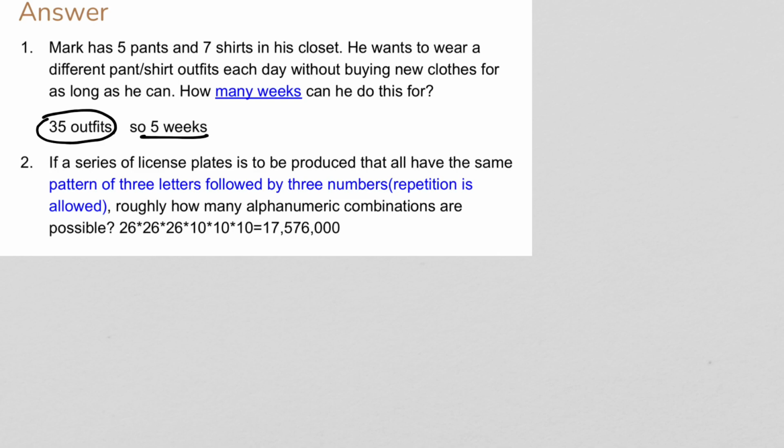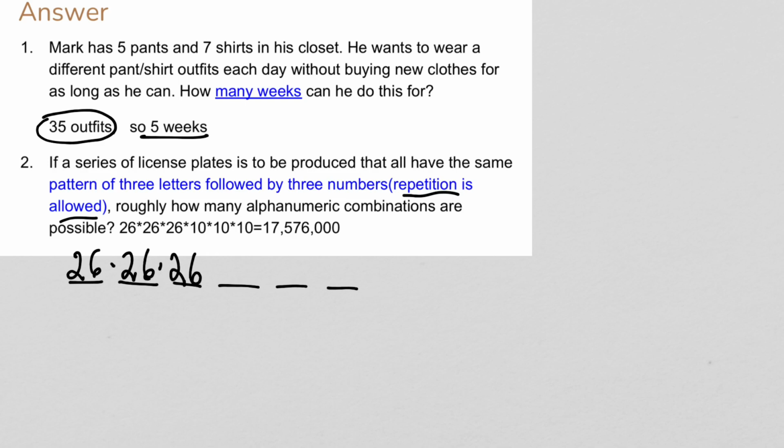For number 2 there, we have a license plate. And the pattern is that they all have the same pattern of 3 letters followed by 3 numbers. Repetition is allowed. So for that one there, I would have my 3 letters followed by my 3 numbers. Repetition is allowed, so that means 26 letters in the alphabet.